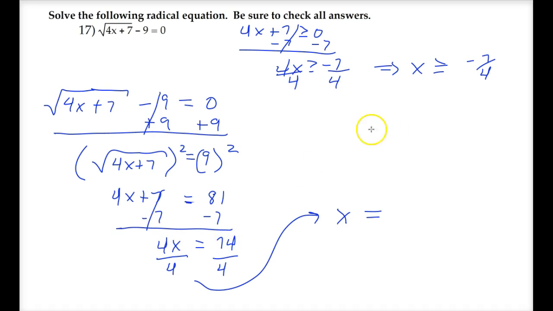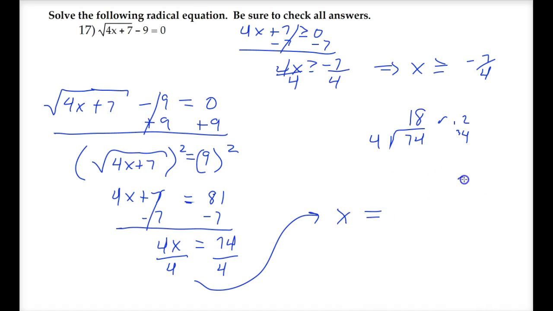if we try to actually do that manually, let's see, 4 goes into 7 once with a remainder of 3. And so 4 goes into 34, that would be, what, 8 times with a remainder of 2, so like 18 and a half. So we know it's not going to go through cleanly. So this, we can just do it this way.